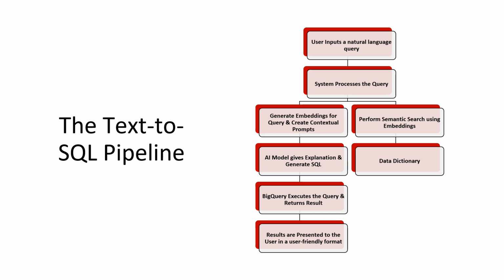And finally, the results are presented in a user-friendly manner such as tables. This pipeline highlights the seamless collaboration between the user input, AI processing, and database execution, ensuring precision, speed, and transparency at every step.